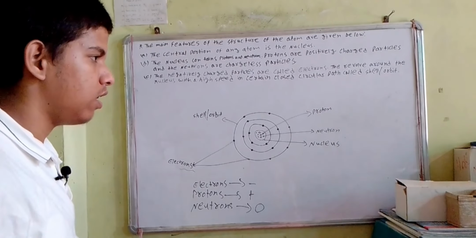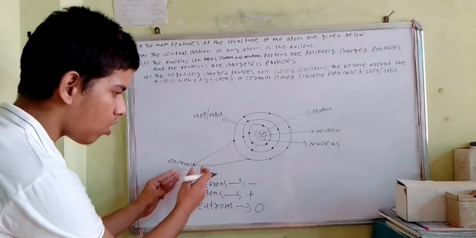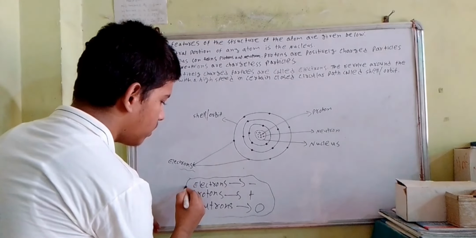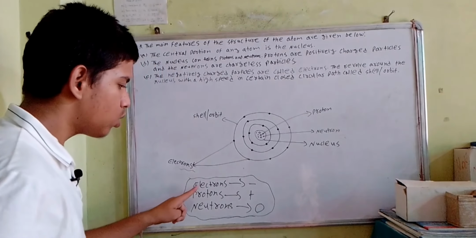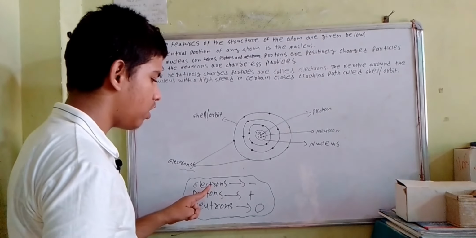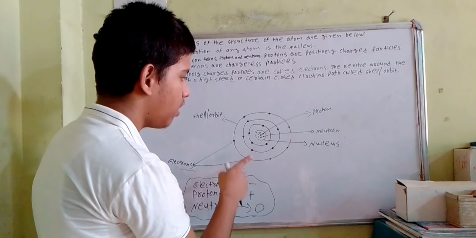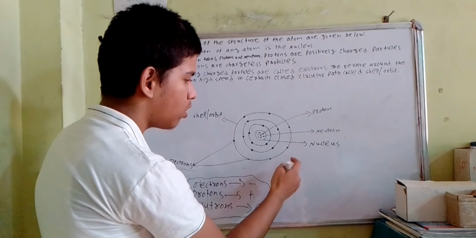So remember the position of all these three particles in an atom, where they are located. You need to remember this. Electrons revolve around the nucleus in a fixed path called a shell or orbit.